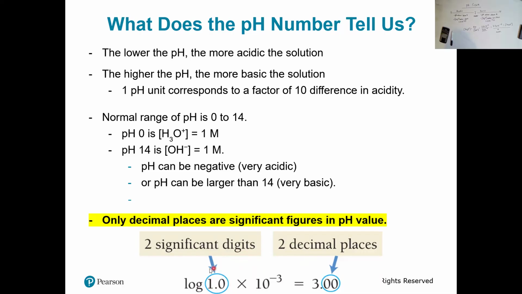And however many significant figures are present, that's how many decimal places we're going to include in our pH. So if we have a concentration with 2 significant figures, then our pH is going to have 2 decimal places in it. Okay.